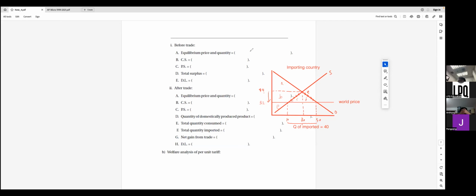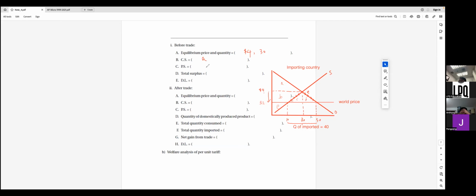So where is the equilibrium price? When you are a closed economy, it is $4, and the quantity consumed is 30, right? Initially, Canadian students purchase like 30 units of pencil every day. Consumer surplus, where is it?